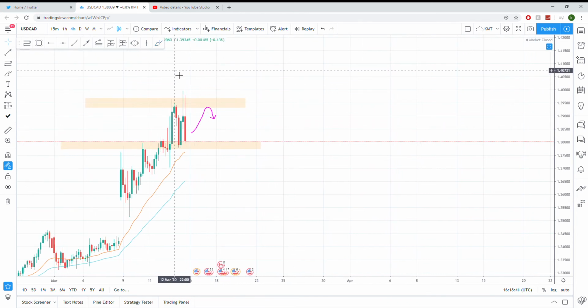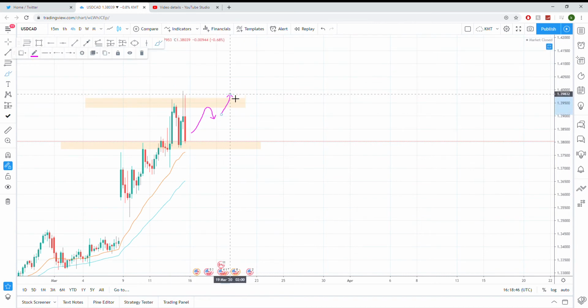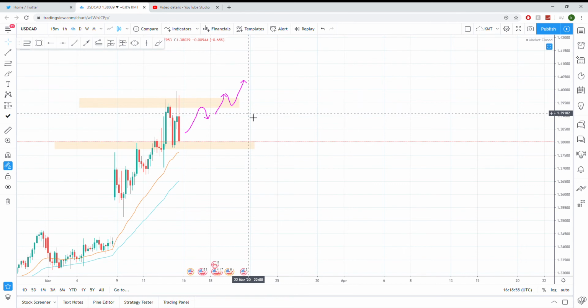But if we do close above, because I do believe that we're still in a bullish structure, if we manage to close above this area, a pullback into this area is still likely, and we could be making further highs. So it may not be this week that we move to the downside.